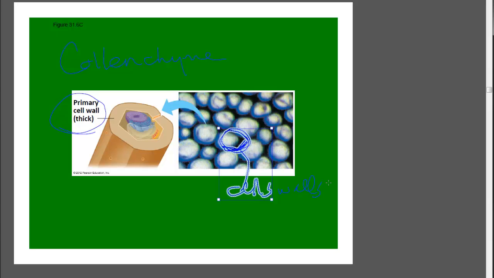And the reason for this is they actually have a primary cell wall and a secondary cell wall associated with them. This gives them more support, so they're a stronger cell than the parenchyma that we just talked about, but they still are flexible. So we look at collenchyma cells as being present in areas of growth. So any place the plant is growing, you're going to see a lot of these cells to help give it support.